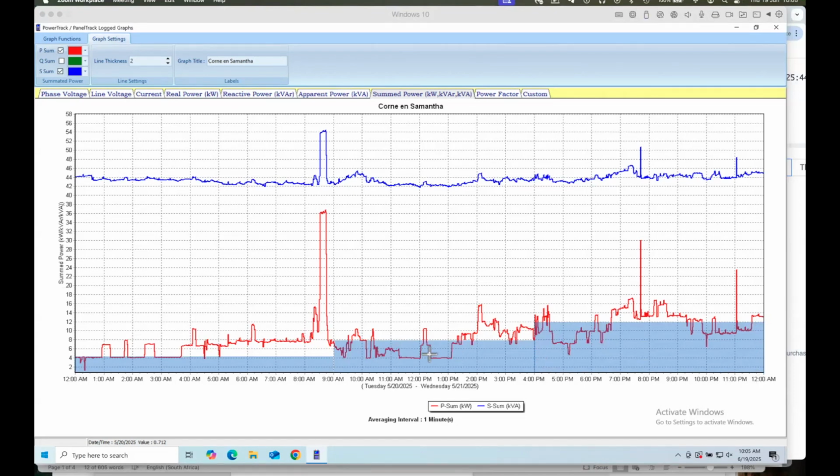So those are 3 distinct steps, and the difference we see is double, or more than double, the values recorded on the SolarMan app.